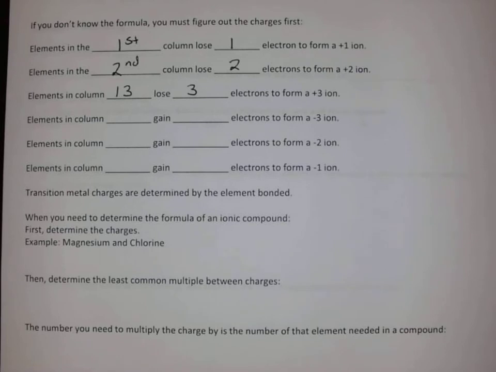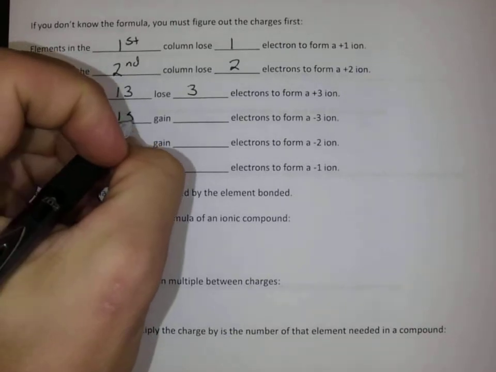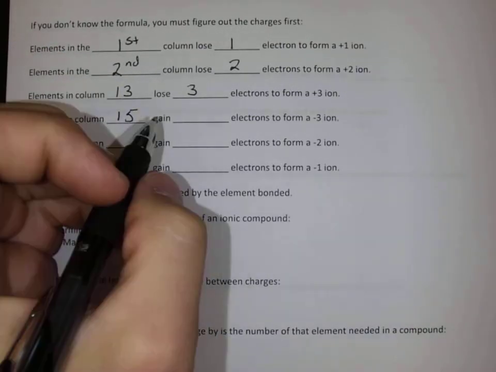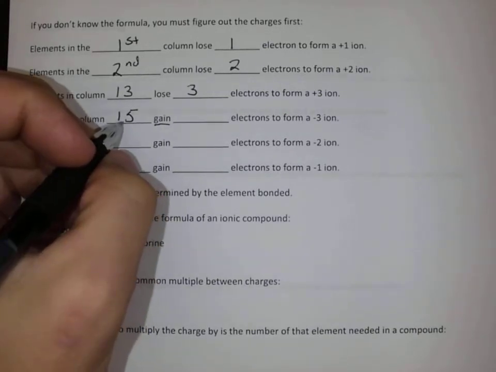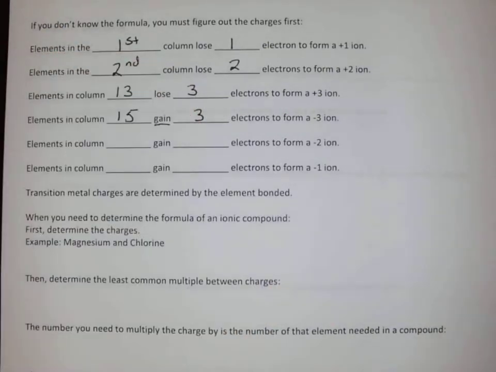Elements in column 15, it is now going to gain electrons, right? So here it is going to gain electrons. Column 15, it is going to gain 3 electrons. So column 15, it had 5 valence electrons.